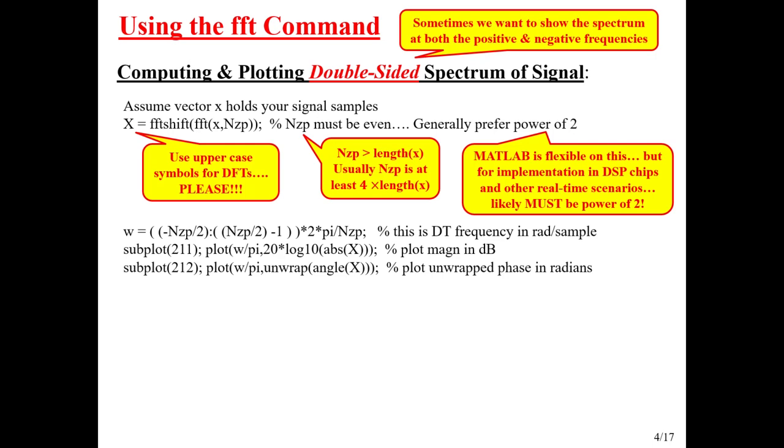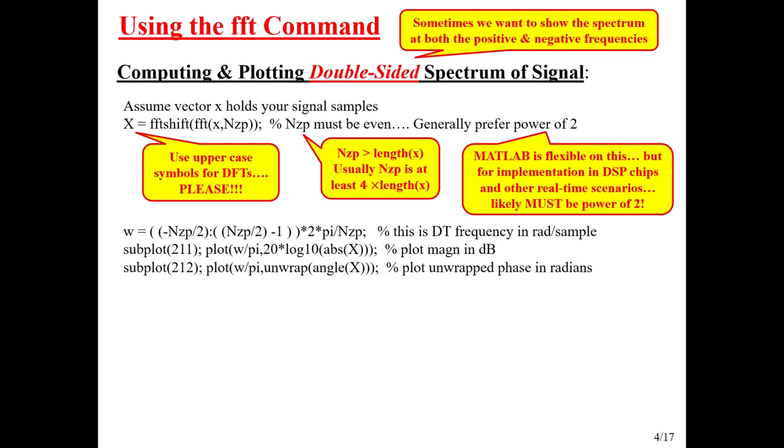So if suddenly that phase is at something close to plus pi and it tries to go a little bit further positive, so might try to go to say 1.01 pi, well, the angle command will say, I don't understand 1.01 pi, and it will convert that into its corresponding value close to negative pi.